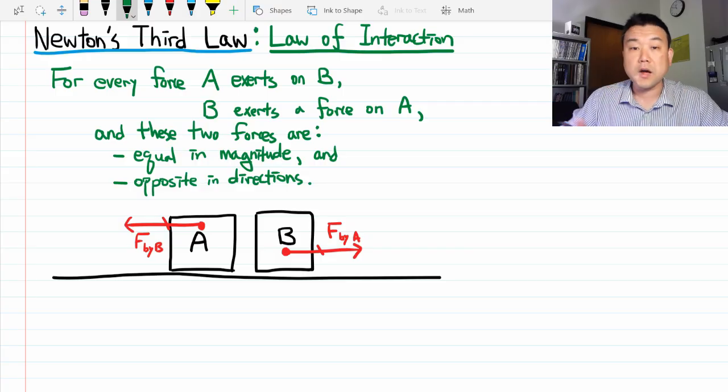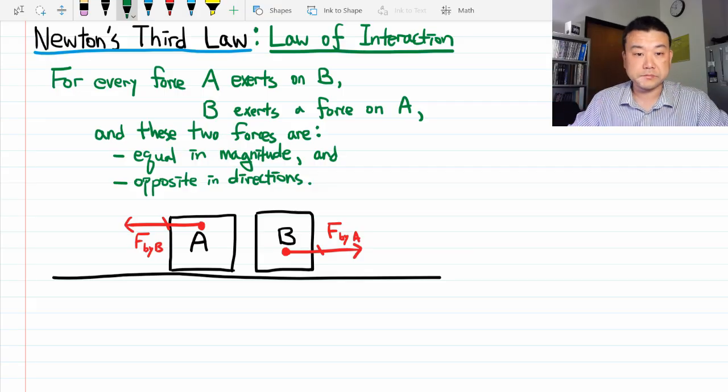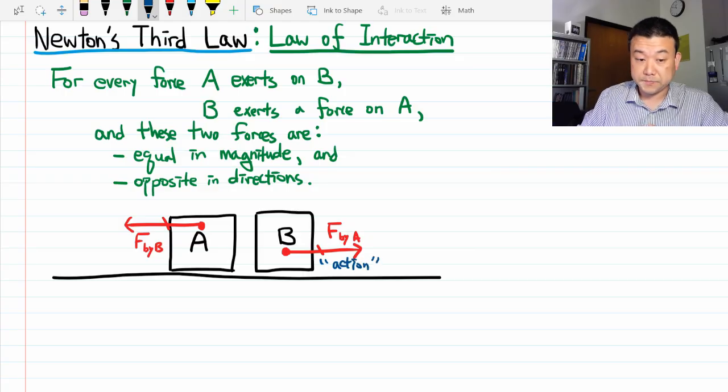And it's in this context where we can properly define the terms action and reaction. If you call one of these two forces action or action force, then the other force in this pair is the reaction or reaction force.